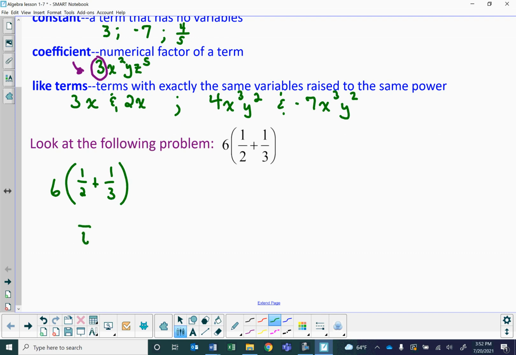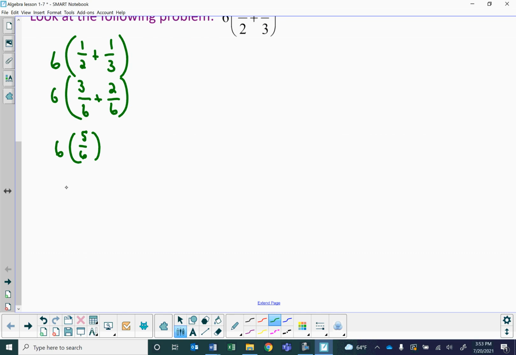So 1/2 is 3/6 and 1/3 is 2/6. So I have 6 times 5/6, which is 6 over 1 times 5/6. The 6's cancel out and we are left with 5.